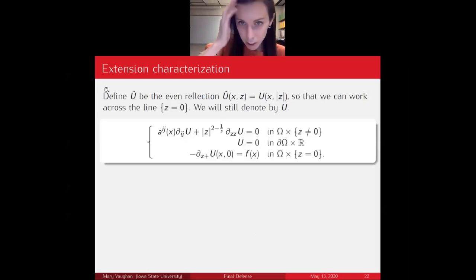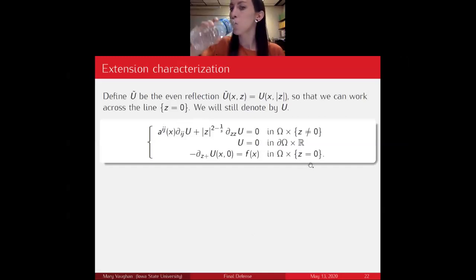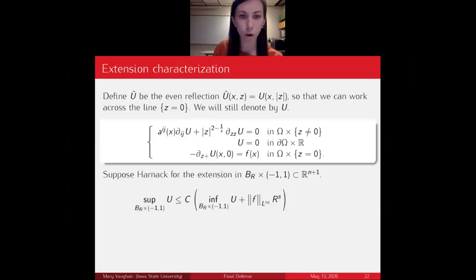And so the equation that we now consider is where the only thing that changes is this absolute value of z from the even reflection, and z is any positive or negative. So suppose we have Harnack inequality for capital U in a ball B_R cross (-1, 1).